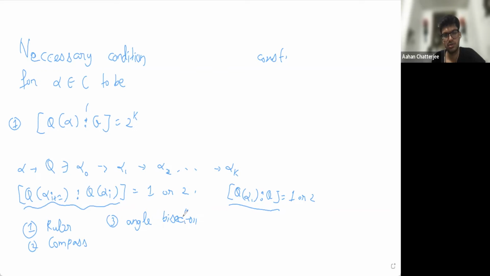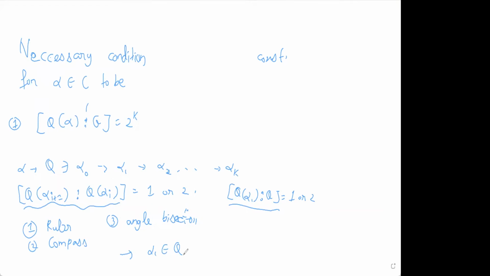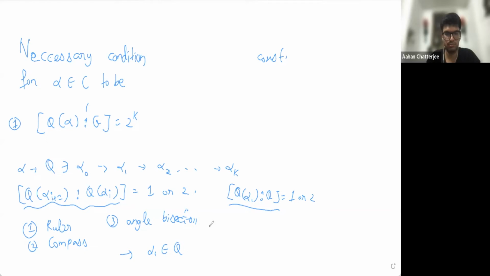If it's just a ruler construction from Q to Q(alpha_1), then alpha_1 is in Q, because with a ruler you just have linear transformations.